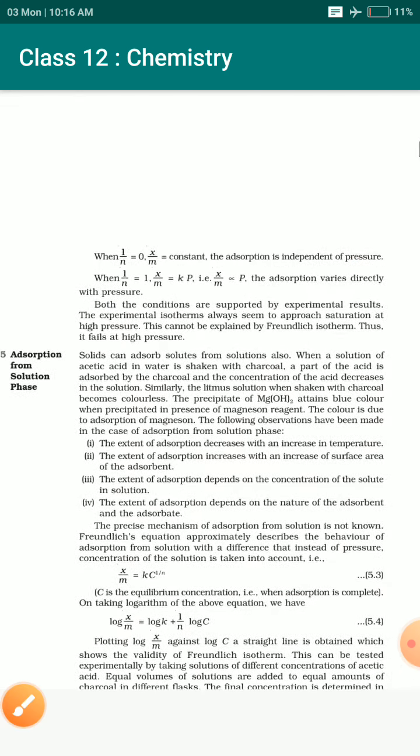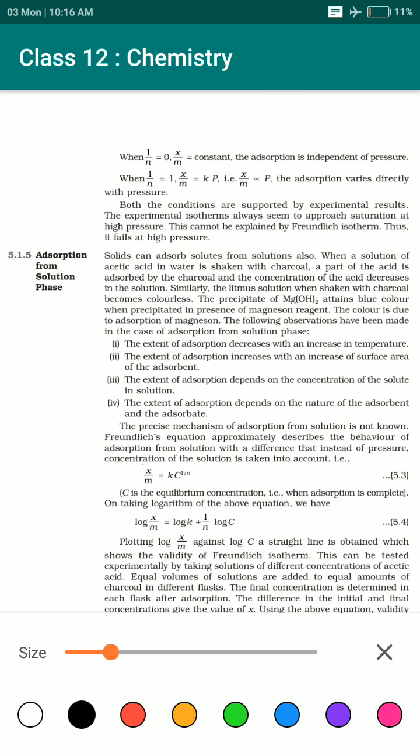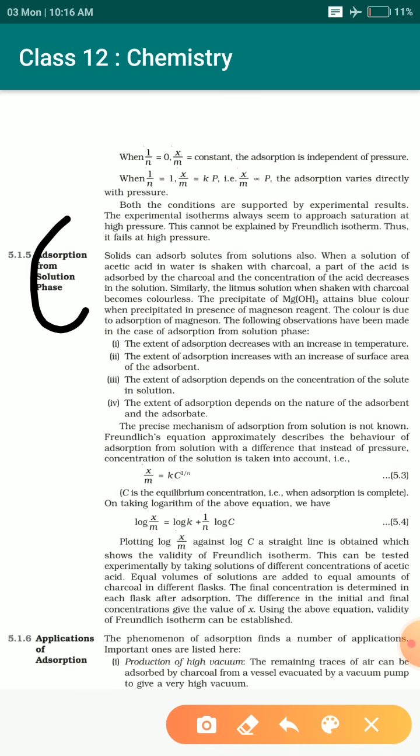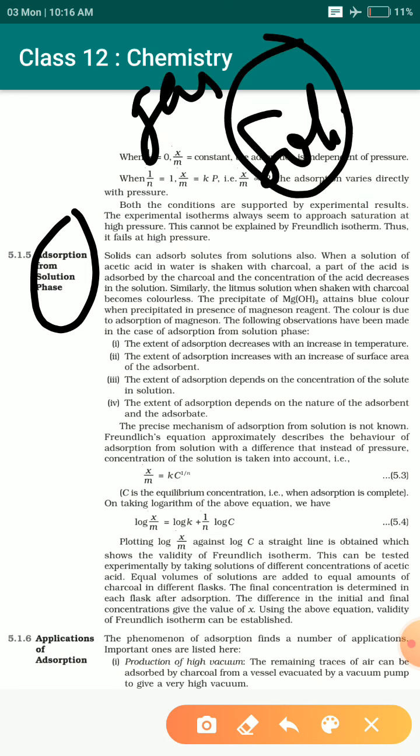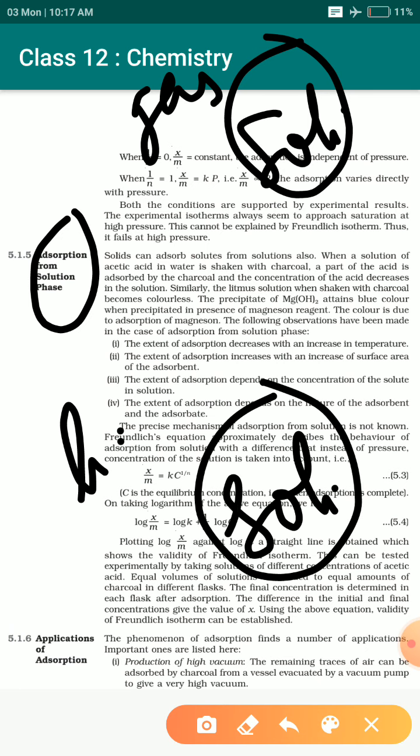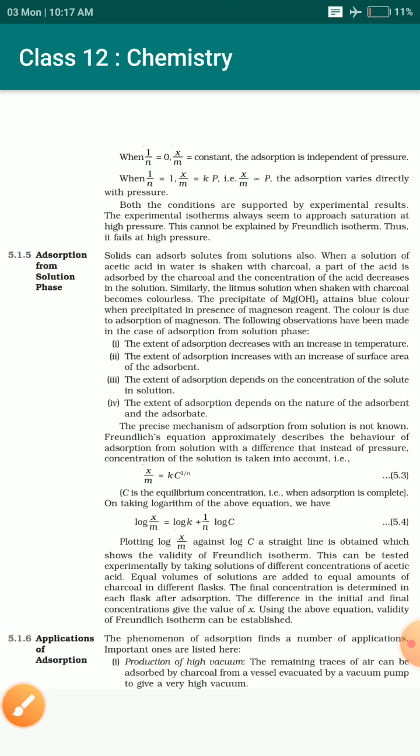Now the same concept which we have studied is used for adsorption from the solution phase. We had earlier discussed adsorption of gas on solid. In this particular topic you will understand the adsorption of some solute from liquid over a solid. Okay, that you read by yourself.